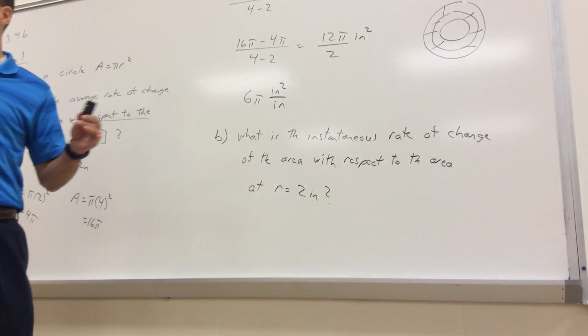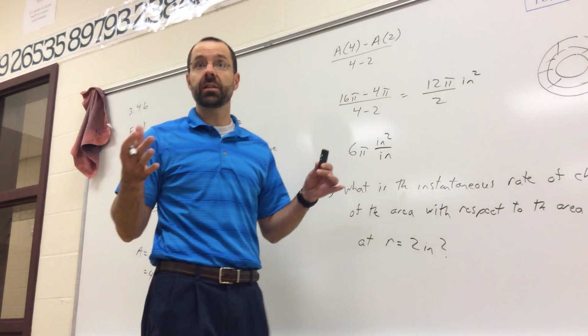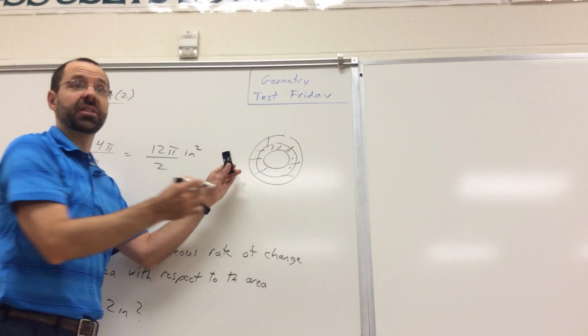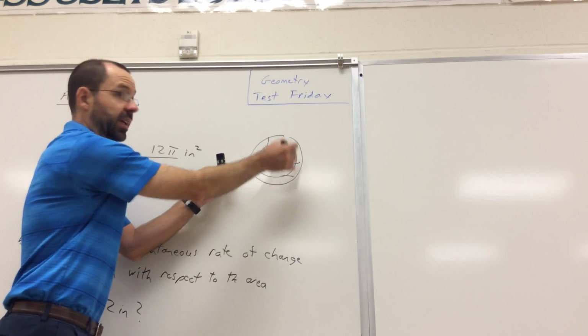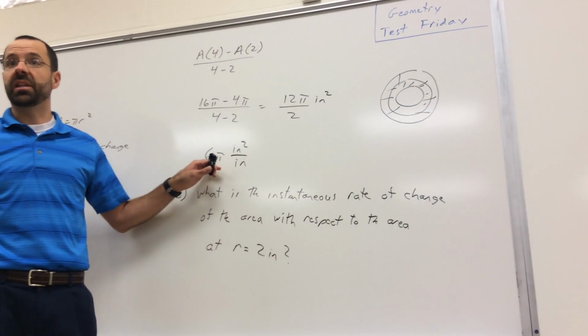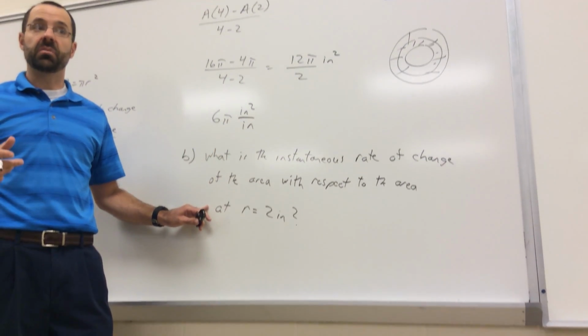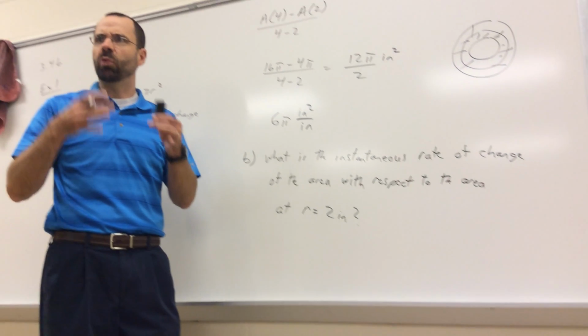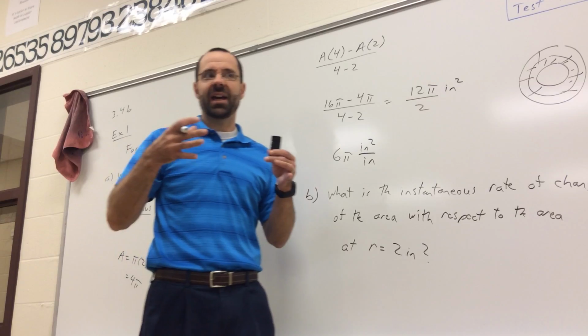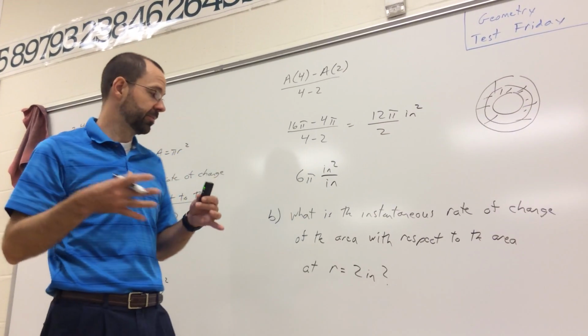Okay, so we already noticed that the rate is changing, right? 1 extra inch here gives a different amount of extra area than 1 extra inch here. So this is an average rate. So that means that the instantaneous rate is going to be reflective of what's happening right at, I don't want to say a moment because there's no time, but right at a particular picture.